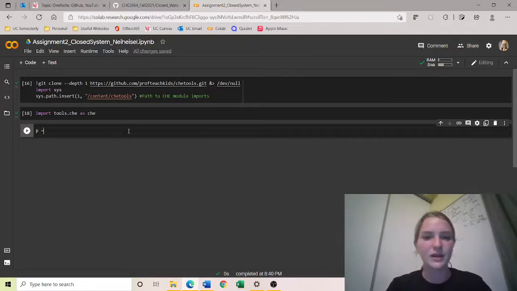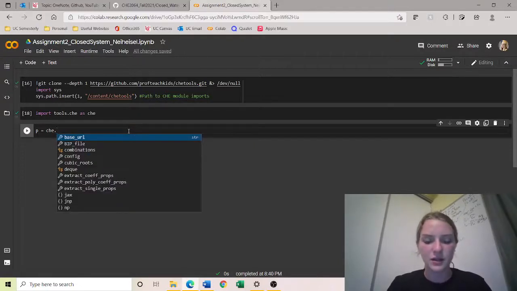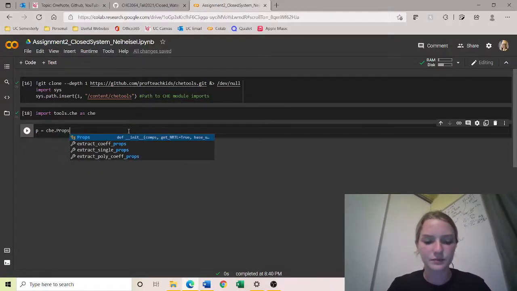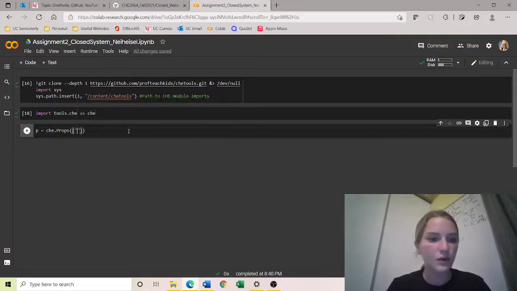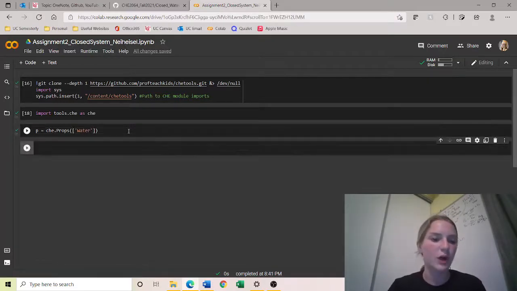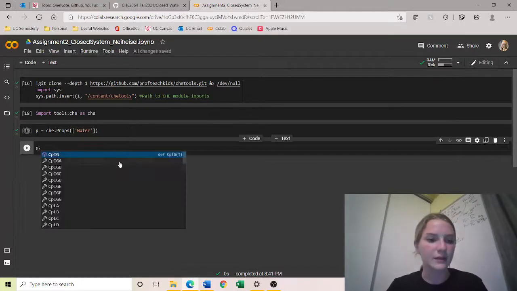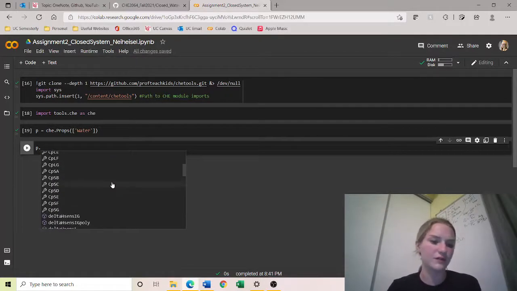So if we do P equals CHE dot props of water, now we are able to pull all of those properties of water and use them. So if we do P dot, this will show you all of the different programs that we can use.